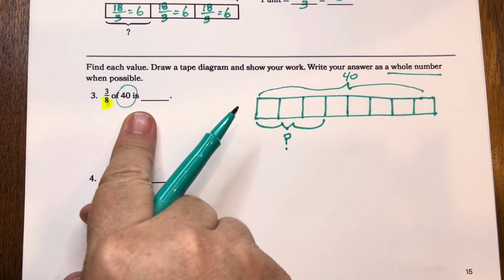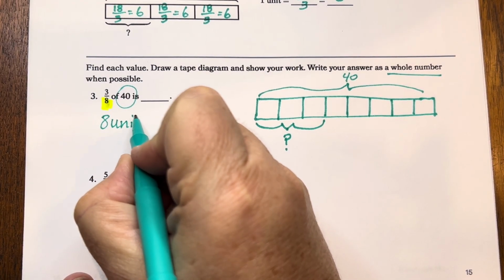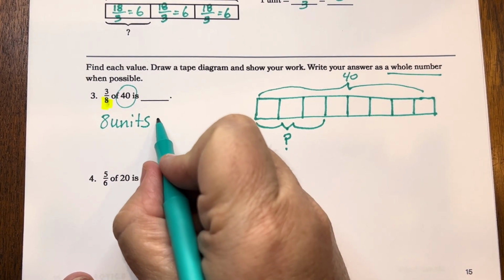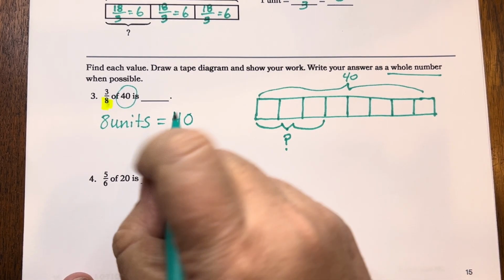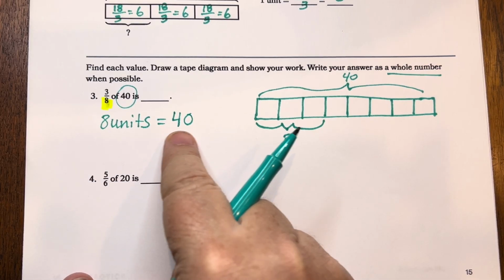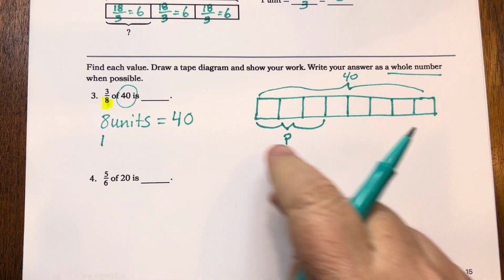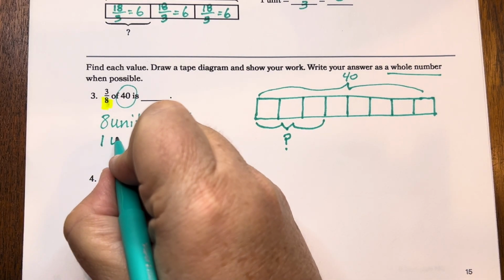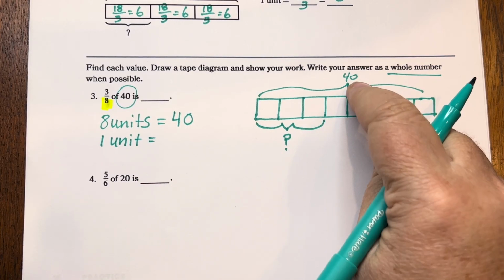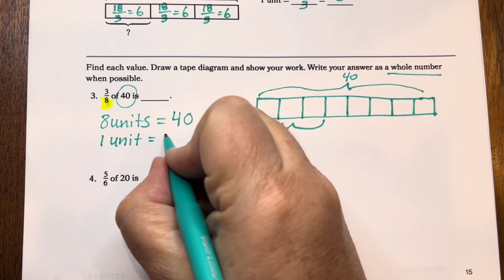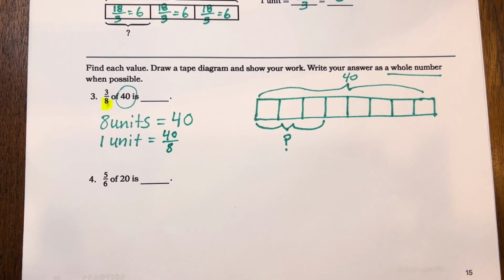So let's break this down. We have 8 units. And we know that those 8 units equal a total of 40. We have all of that information up here. We have 8 units, they equal a total of 40. And so when I look at 1 unit, we know that 1 unit equals 40 divided by 8, or 40/8, because we took 40 and divided it by 8.